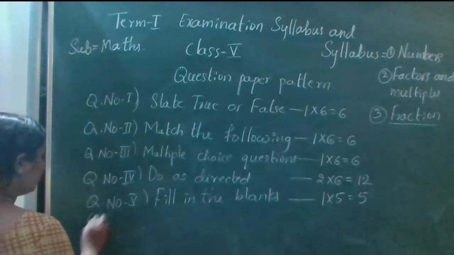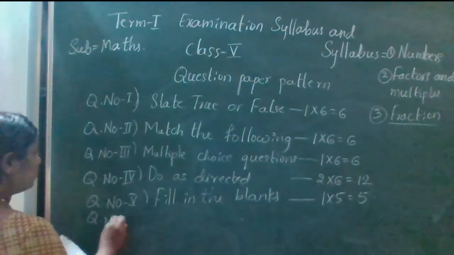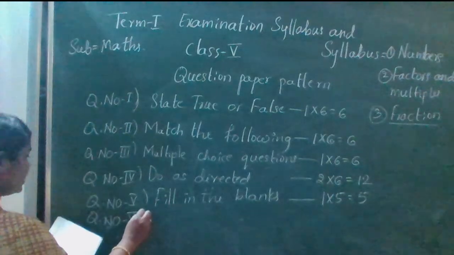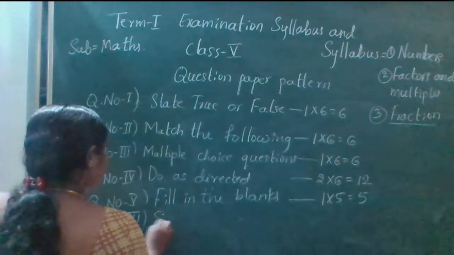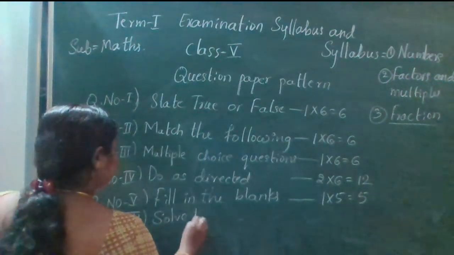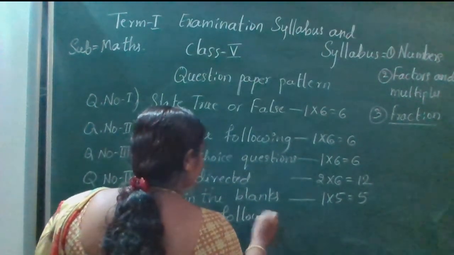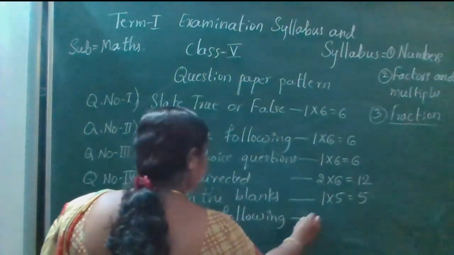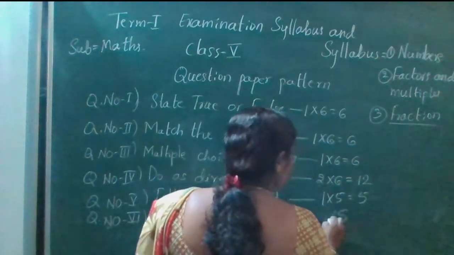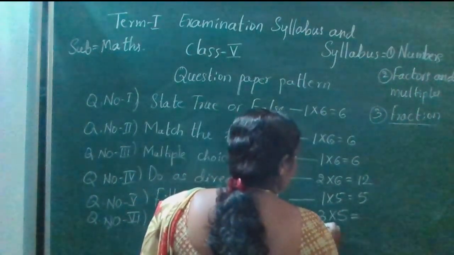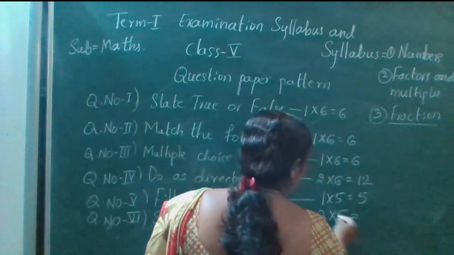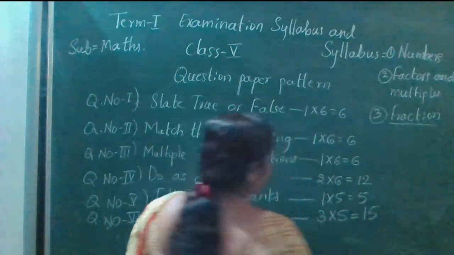Next, question number 6. Solve the following. There will be 5 questions. Each carries 3 marks. So 5 3s are 15.